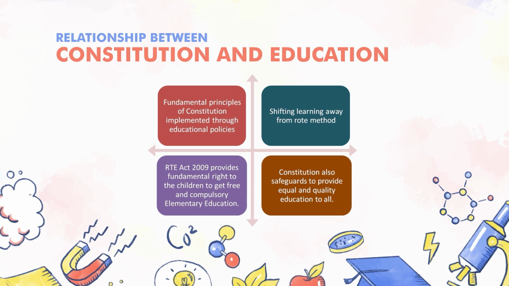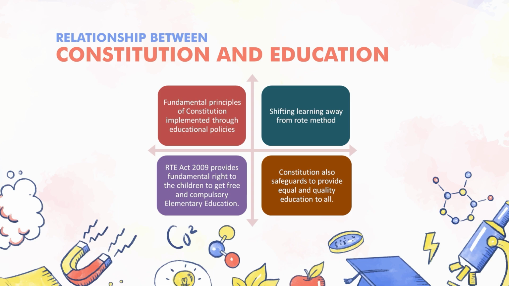The second important thing I can say is shifting learning away from the rote method. This is also an important aspect so far as the relationship of constitution and education is concerned. Then, the RTE Act 2009 provides the fundamental right to the children to get free and compulsory elementary education.